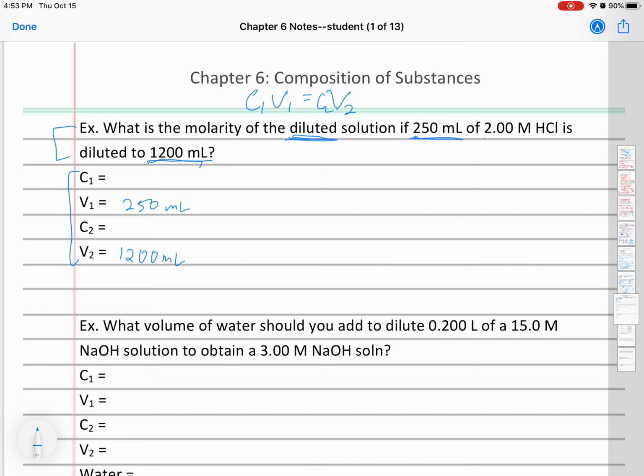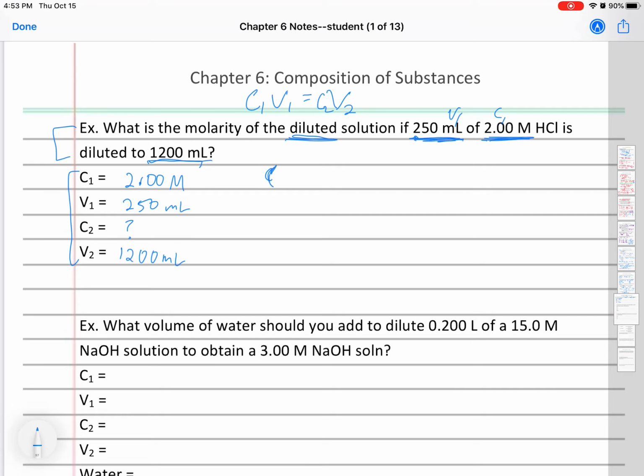All right, and so now I need to figure out whether this 2 molar is the initial concentration or the final concentration. Well, it says we have 250 milliliters of 2 molar. And since this is the V1, then this must be the initial concentration. So 2.00 molar. That means C2 is the variable that we are solving for.